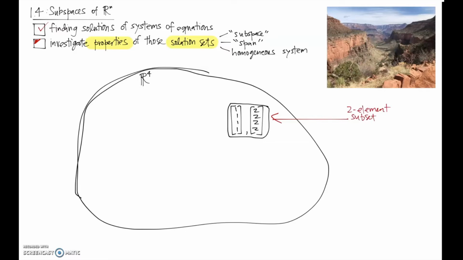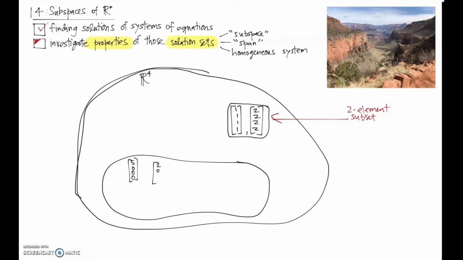Another subset I want to look at and think about is, what about the subset of all the vectors that start with a real number, but then the other 3 entries are all 0? So an example of something that would be in here is 5, 0, 0, 0, and 2, 0, 0, 0 is in here.